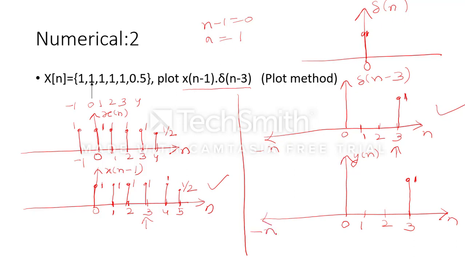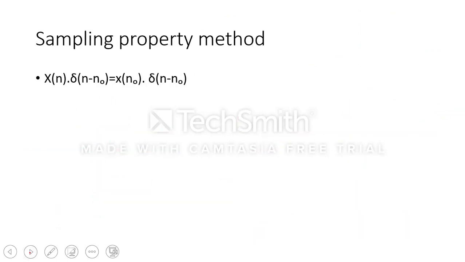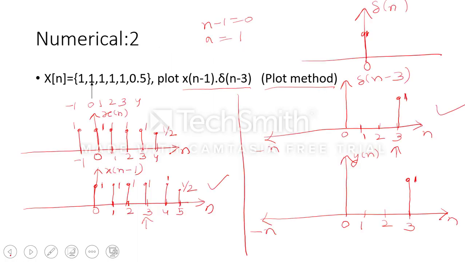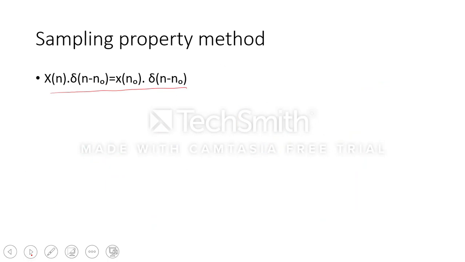Now this was the plot method. The next method we can use, if you remember, is the sampling property. The sampling property is x n multiplied by delta n minus n naught. So if my numerical is x n minus 1 into delta n minus 3, the output will come as x n naught, which means in place of n we are going to place n naught.